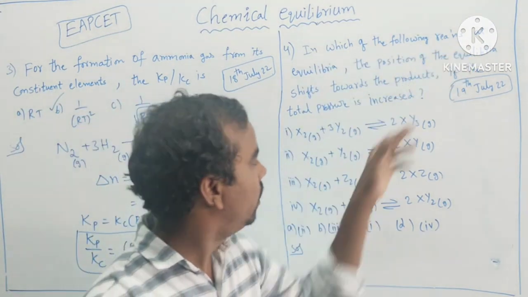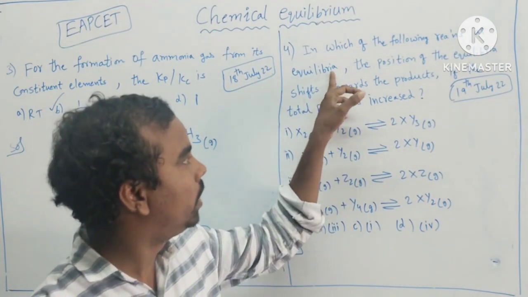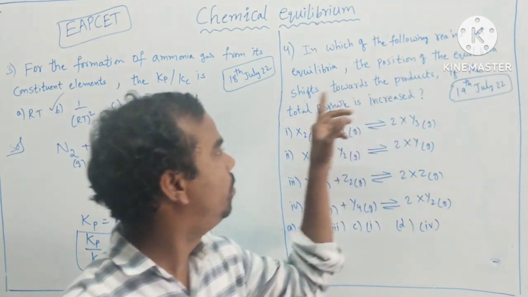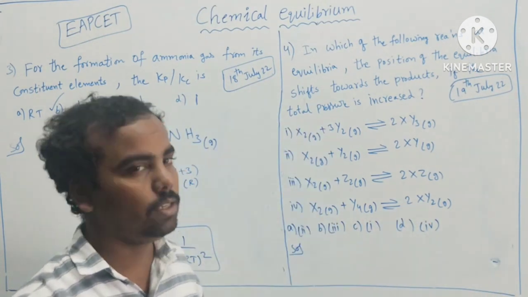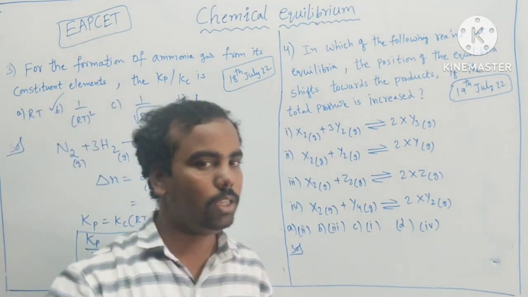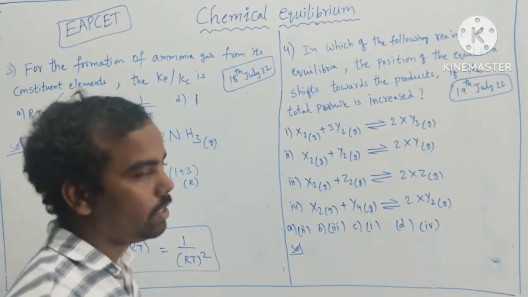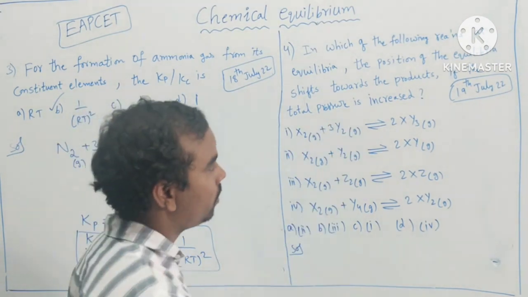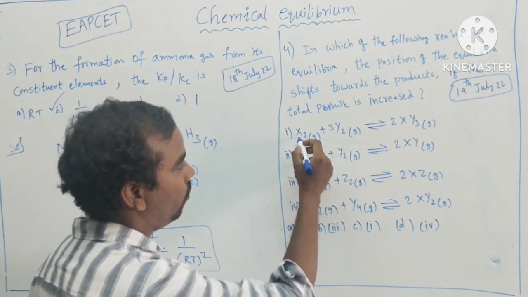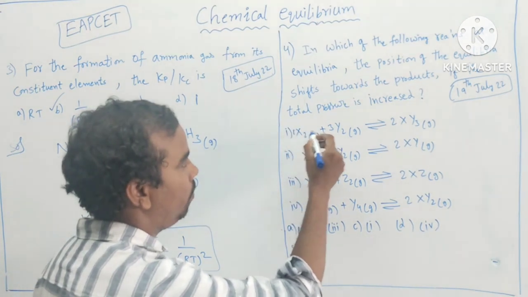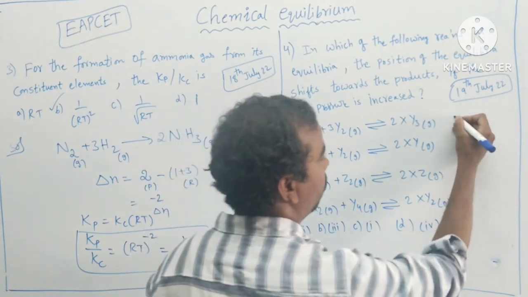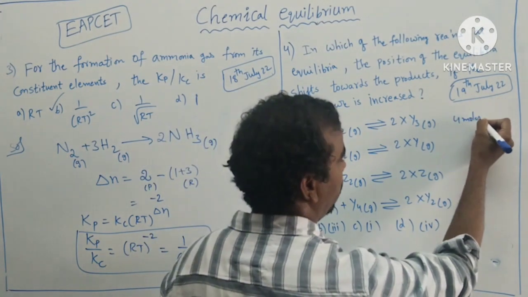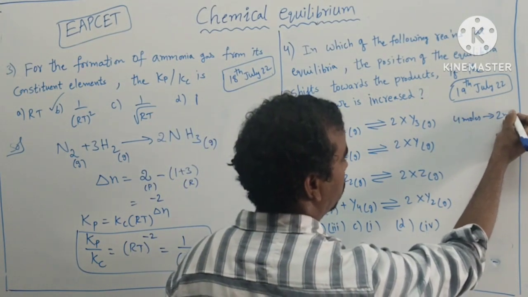In which of the following reactions at equilibrium does the position of equilibrium shift towards the products if the total pressure is increased? Le Chatelier's principle is applicable here. Here 1 mole plus 3 moles, 4 moles, volume decreases to 2 moles. 4 moles is converted to 2 moles.